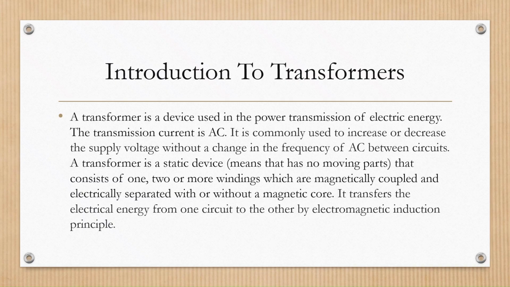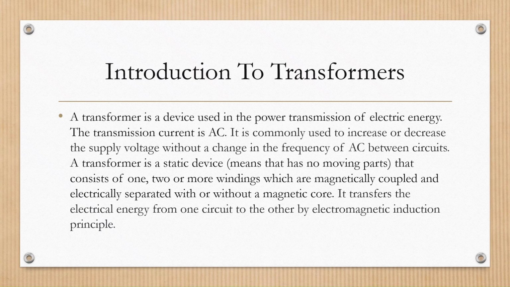A transformer is a device used in the power transmission of electric energy. The transmission current is AC. It is commonly used to increase or decrease the supply voltage without a change in the frequency of AC between circuits.